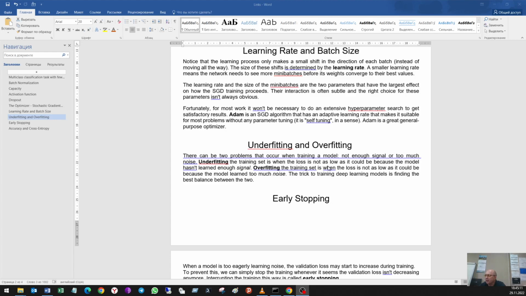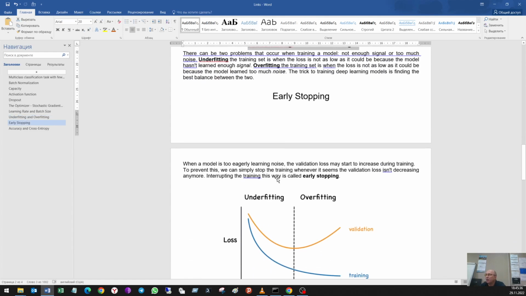Underfitting the training set is when the loss is not as low as it could be because the model hasn't learned enough signal. Overfitting the training set is when the loss is not as low as it could be because the model learned too much noise. The trick to training deep learning models is finding the best balance between the two.